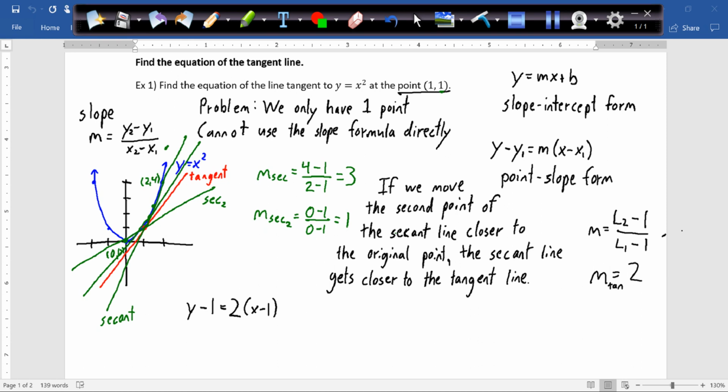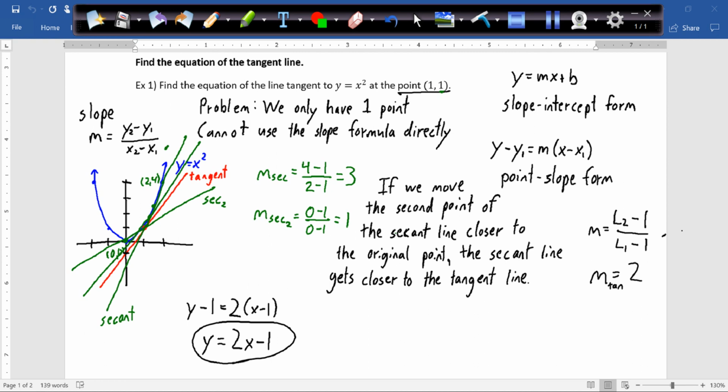If I simplify this, put it in slope-intercept form, that is the equation of the tangent line. Actually, it's the equation right now. It's just not simplified very well. So solve that, and what do you get? y equals 2x minus 1. This is the equation of our tangent line. Okay? And my graph doesn't quite look like it, but it's pretty close.